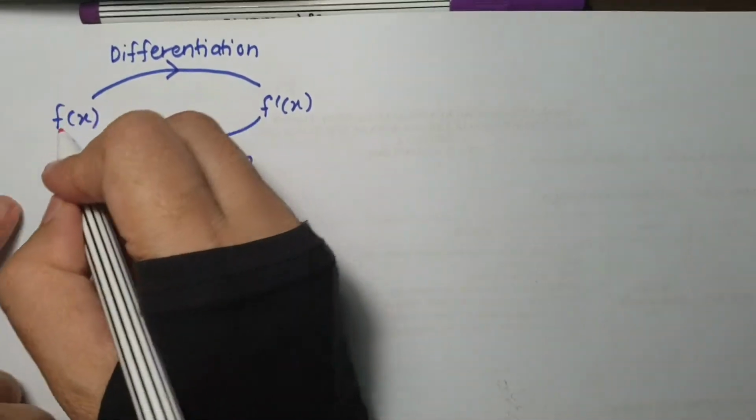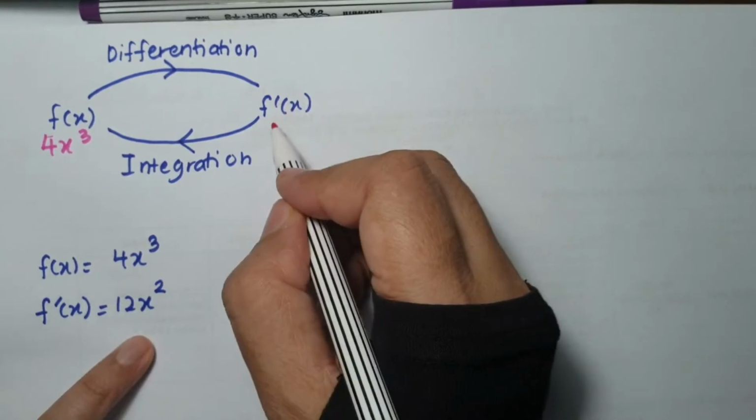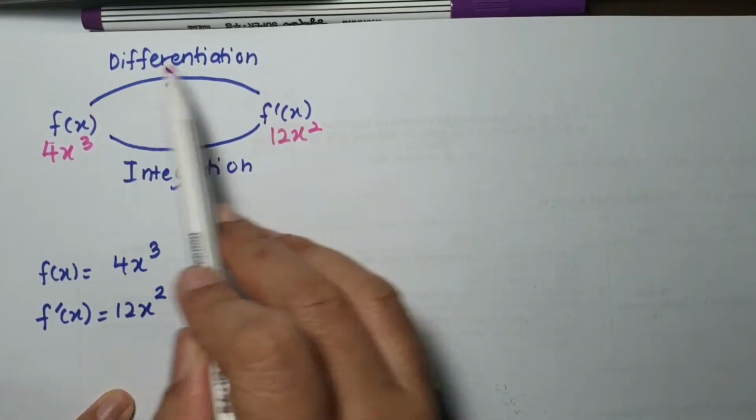Now your function is 4x cubed. After you differentiate, you get 12x squared. So from here to here is differentiation.